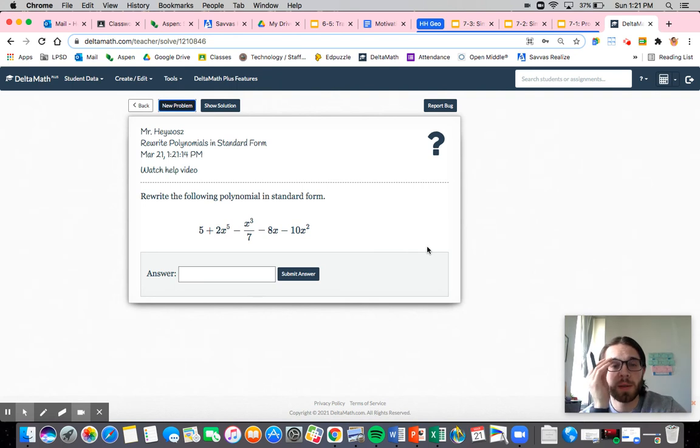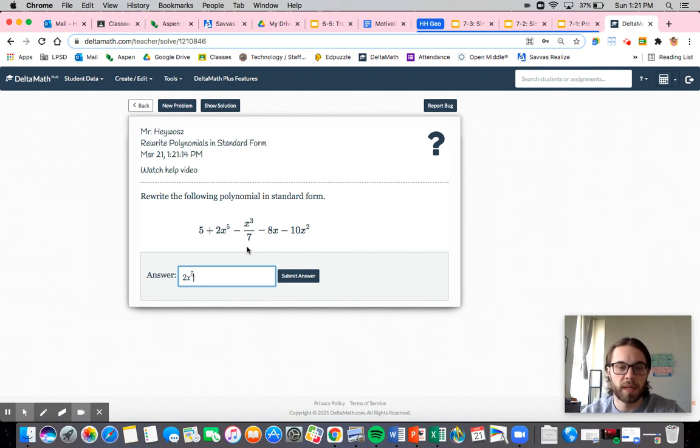So we need to put the largest one first. What is my largest one? 2x to the 5th. What is my next largest? I have a 5, which we just covered. I have a 3, 1, 2, 0. So I need the 3 minus x. And you're probably wondering, why am I bothering to go through all this?